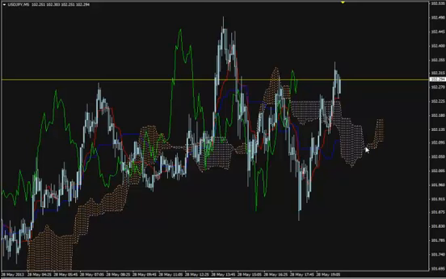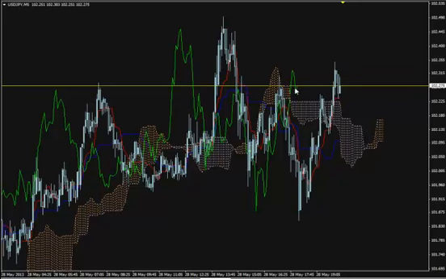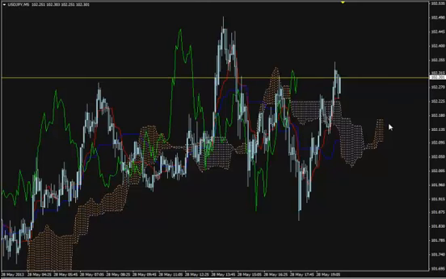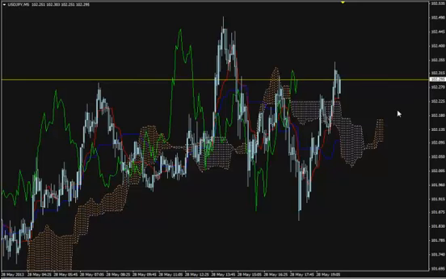So the slope of this Kumo is bullish, is upwards. Chikou span is above past price action, and it's moving straight upwards here in the open space. So clearly a bullish environment.